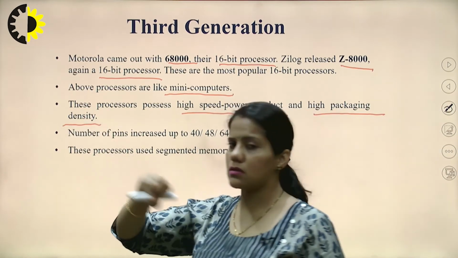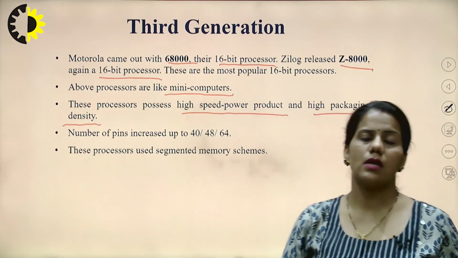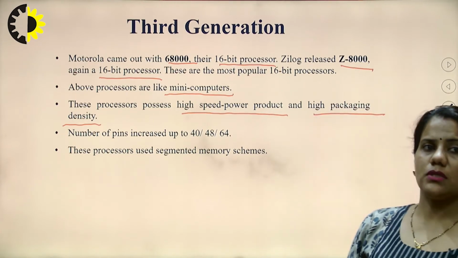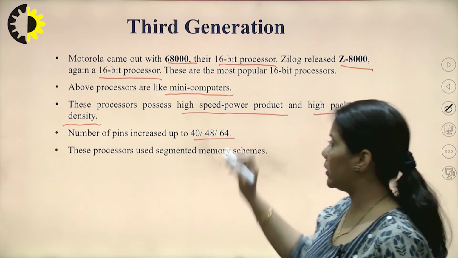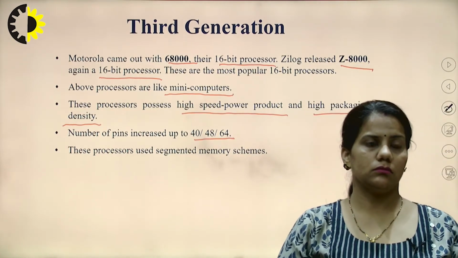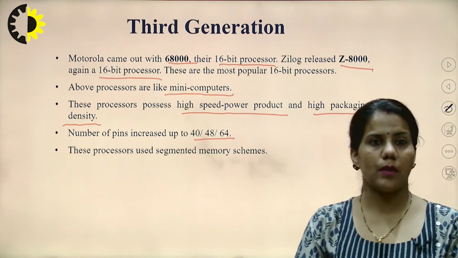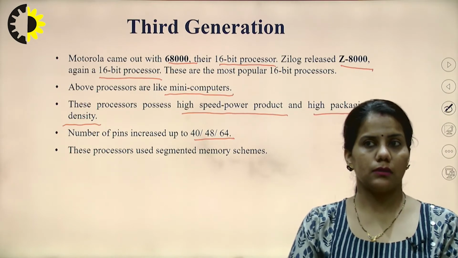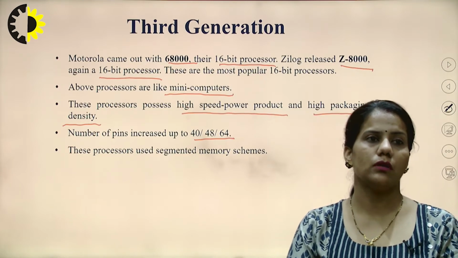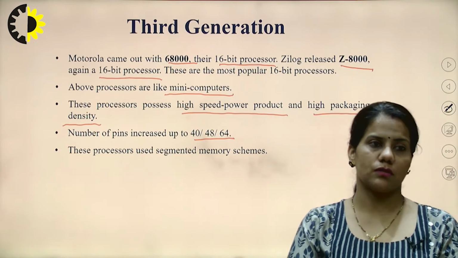Packaging density means more transistors are integrated on a single chip. The number of pins increased up to 40, 48 and 64. So, the hardware increased in these microprocessors, but simultaneously the functionality of these microprocessors was far better than the previous generations.